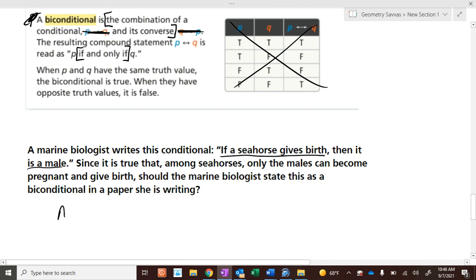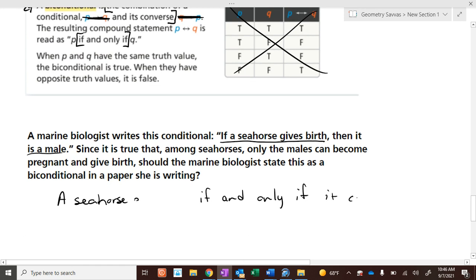Well, we'd write a seahorse is male if and only if it, sorry, dang it, screwed that up. A seahorse gives birth if and only if it is male.